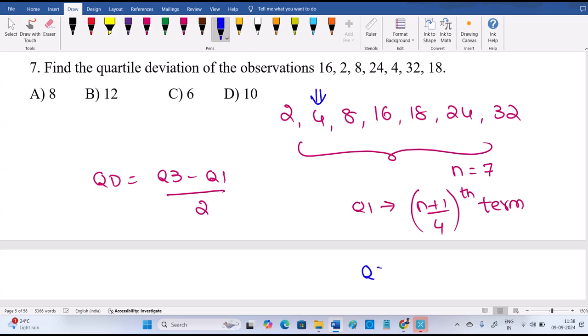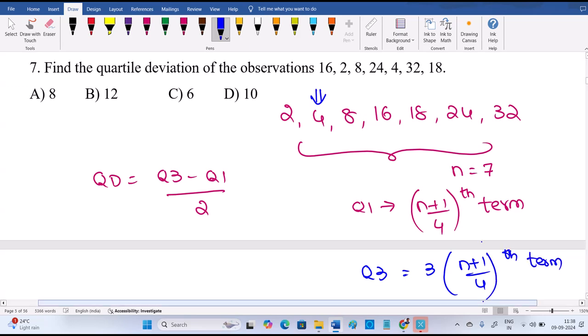Whereas Q3 is the 3 into (n plus 1) divided by 4th term, which is the sixth term. Now 24 minus 4, 20, divided by 2 is 10. So you can recall how quartile deviation works.